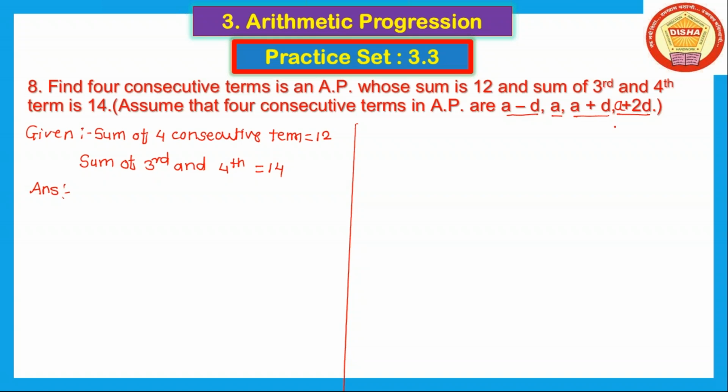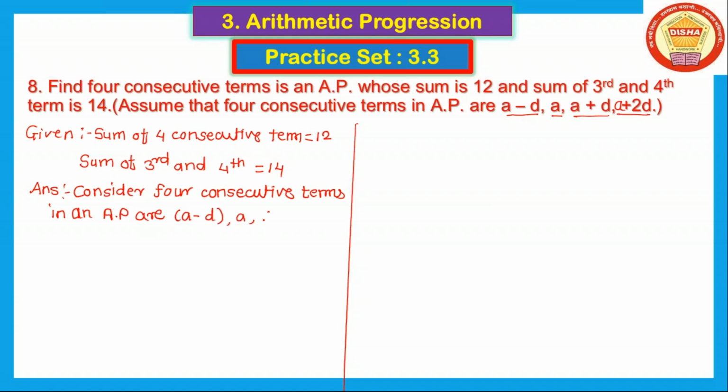Consider 4 consecutive terms in an AP: the first is a minus d, the second term is a, the third is a plus d, and the fourth term is a plus 2d.